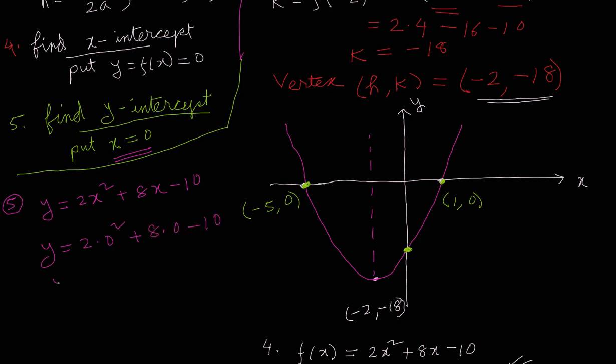So I basically got y equals minus 10. So what is going to be my y-intercept? For the y-intercept, x equals 0, y equals negative 10. So this is my y-intercept. Let's put this value. This is my y-intercept, and that coordinate is 0, negative 10.